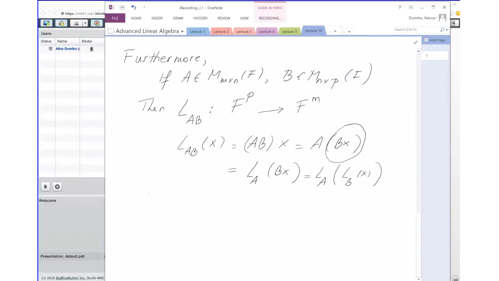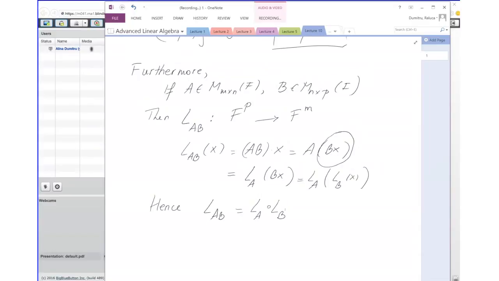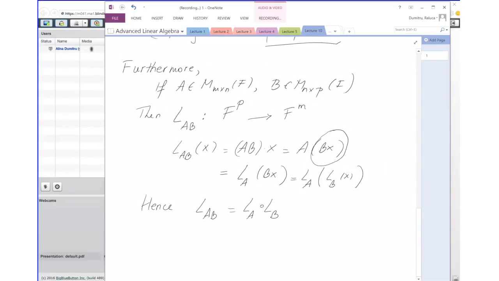So what we've shown here is that L sub AB is in fact the composite function, the composition between L sub A and L sub B. And this is the direction in which we're going in the next section with the composition of linear transformations. With these special transformations, left multiplication, we took the composite of two of them.